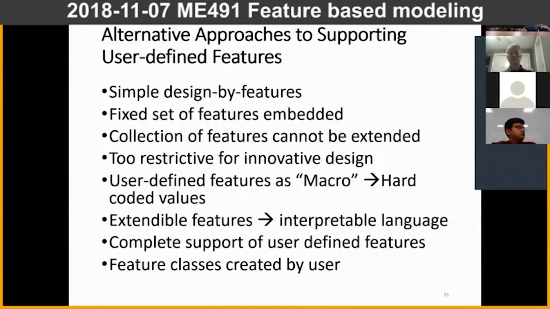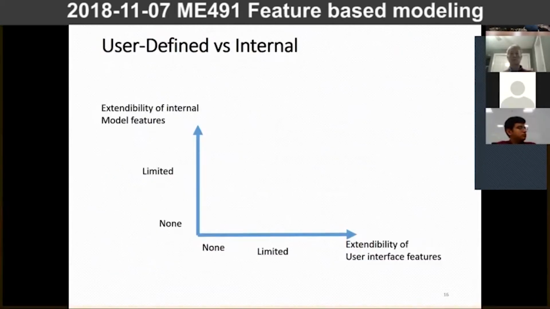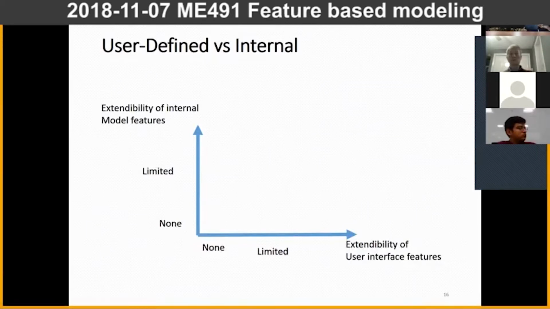Like for the connecting rod, you have to define all the features that it would contain. So that feature class is defined by the user. So these are two extremes like this. If you want to contain full user-defined features, then you are on the x-axis at this extreme. But if you want to just make out of the available features, then you are on the other extreme.